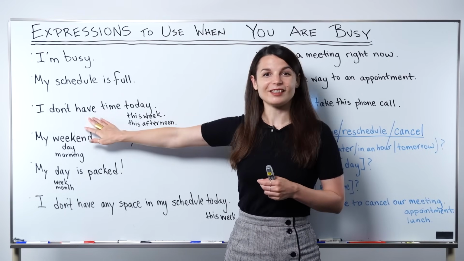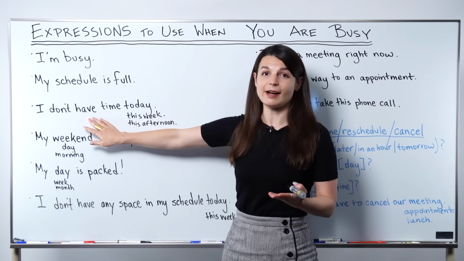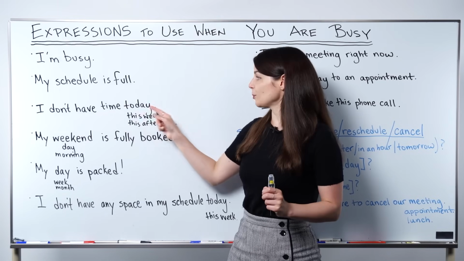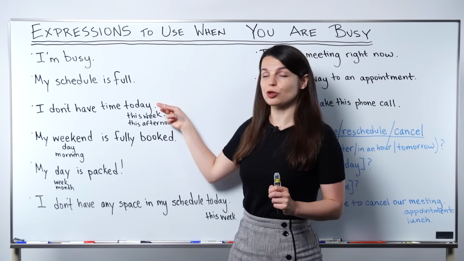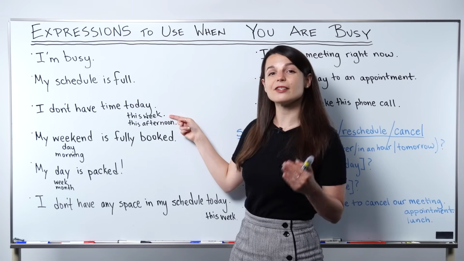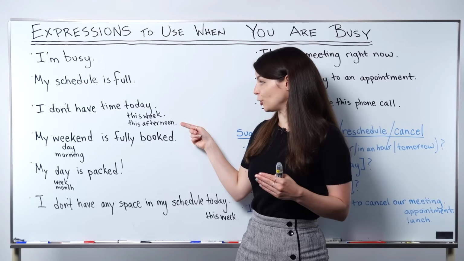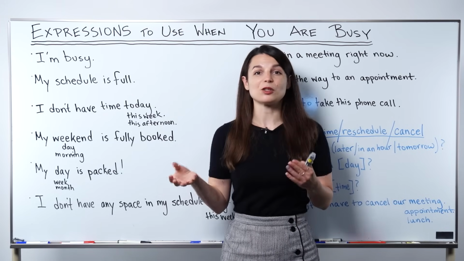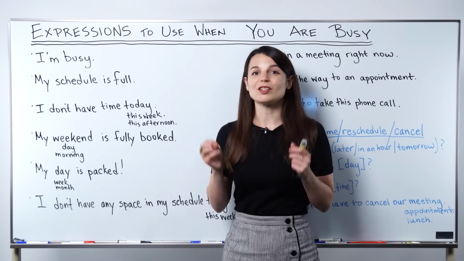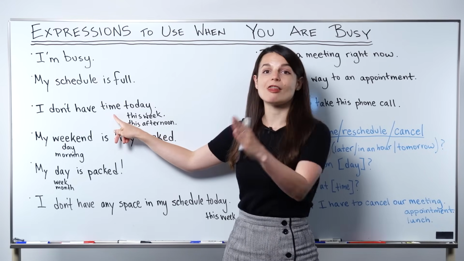The next expression is, I don't have time today. This expression can be changed to something like, I don't have time this week, or I don't have time this afternoon. So this expresses that you're busy, yes, and you want to express to the other person you don't have time for that thing.